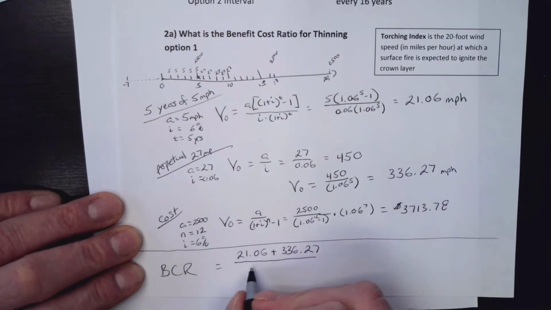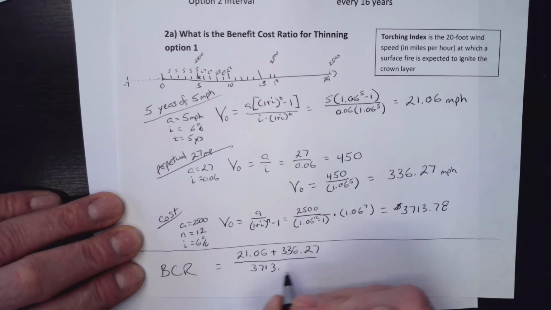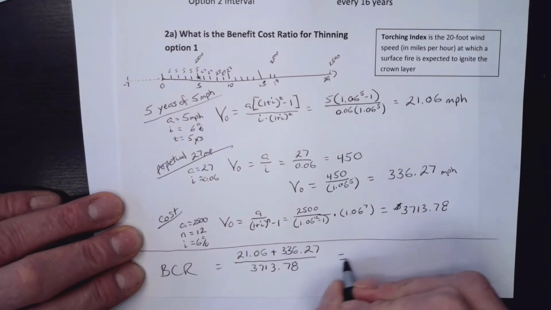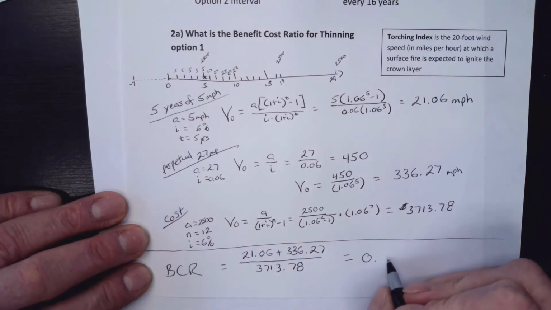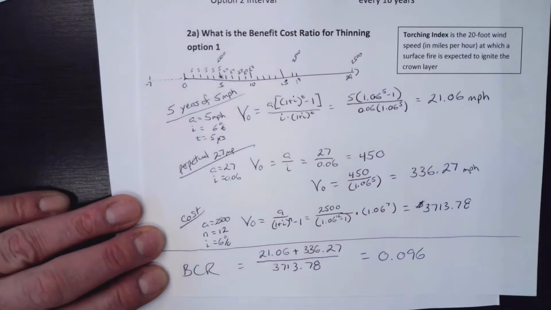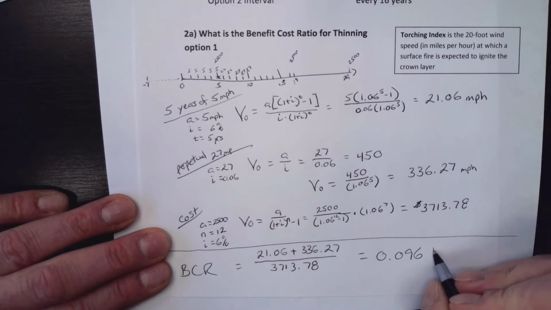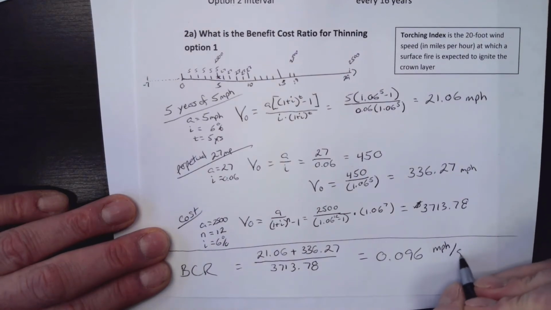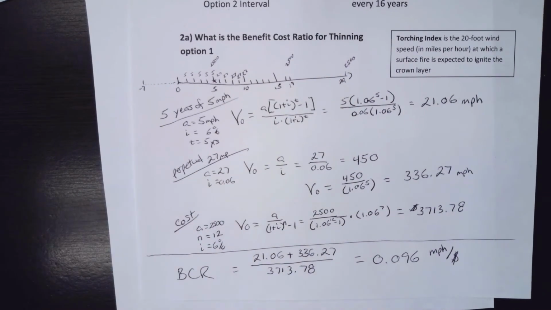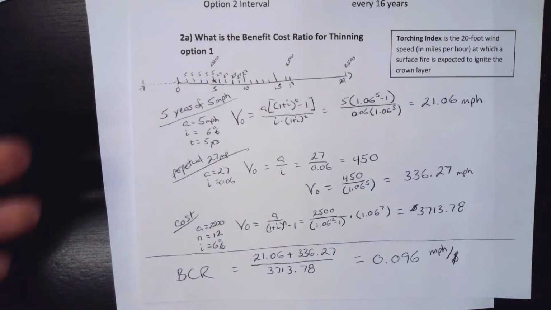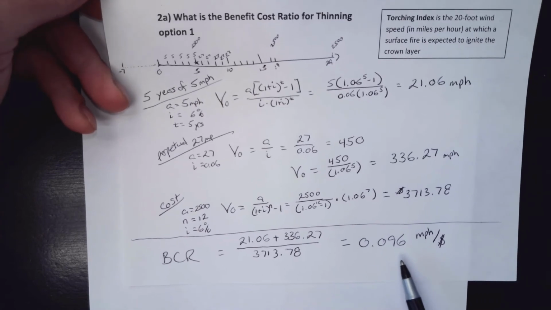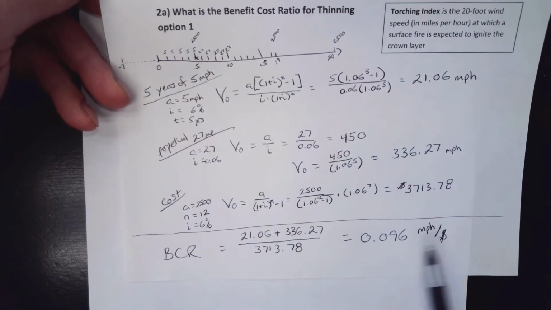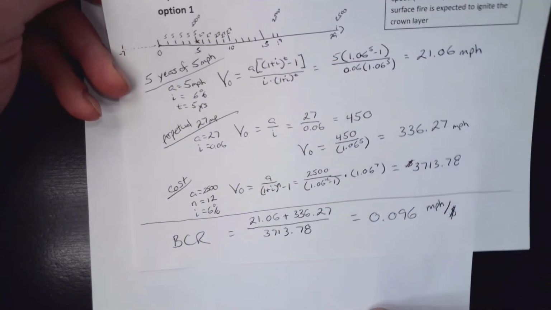And our costs are going to be 3713.78. Right? And when we do that, we get 0.096. And if you think about what the units might be, miles per hour per dollar spent. So that's the first part. So now we have a benefit cost ratio that says 9.6 cents or dollars per miles per hour.